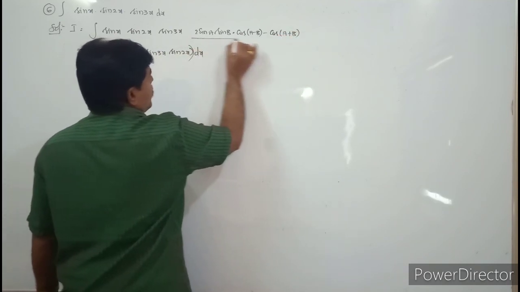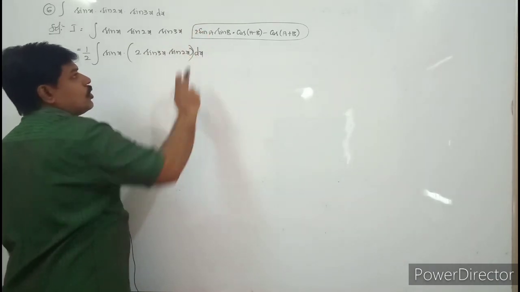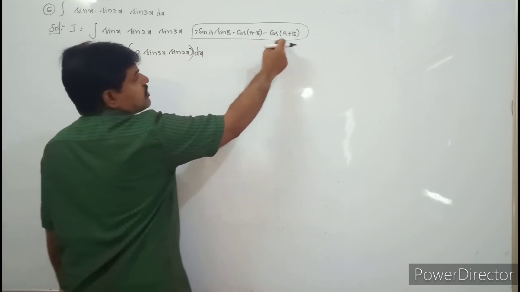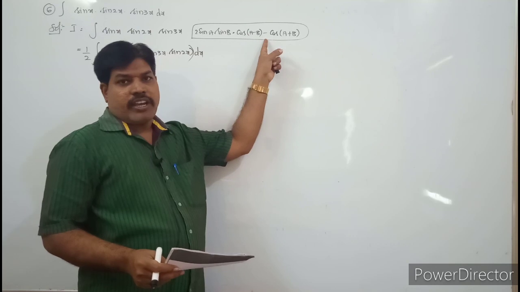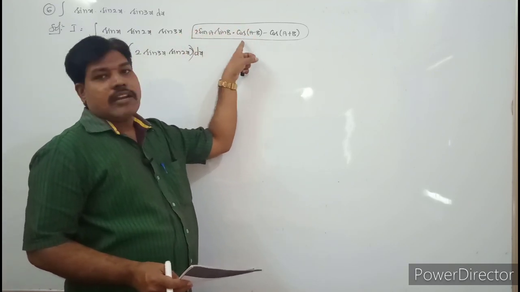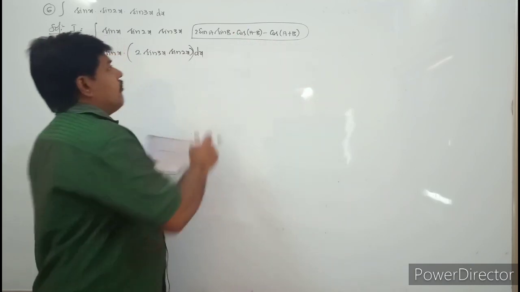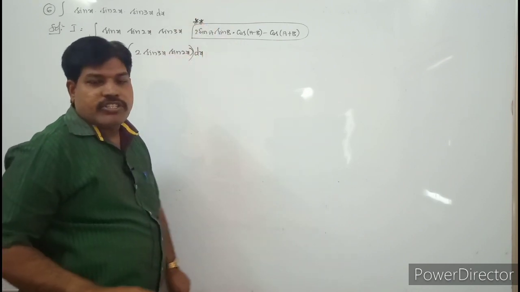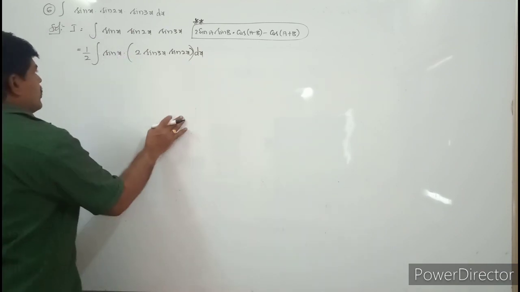If you take cos of a plus b minus cos of a minus b, you will get minus 2 sin a sin b. So 2 sin a sin b becomes cos of a minus b minus cos of a plus b. Very important formula, you have to remember that. See that formula here, students.